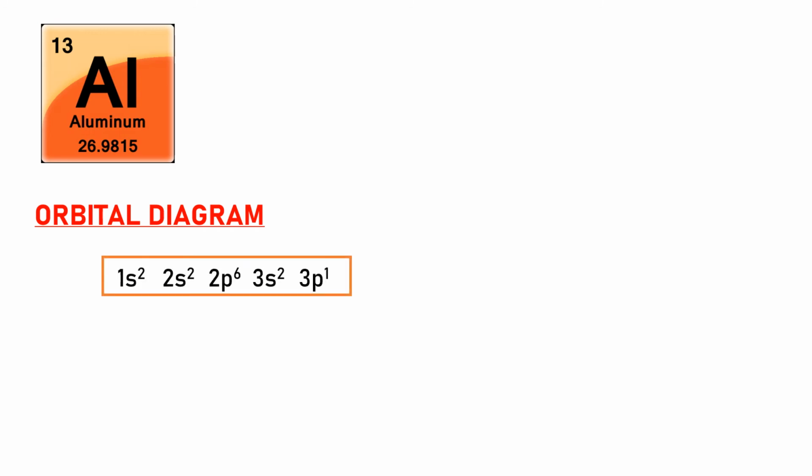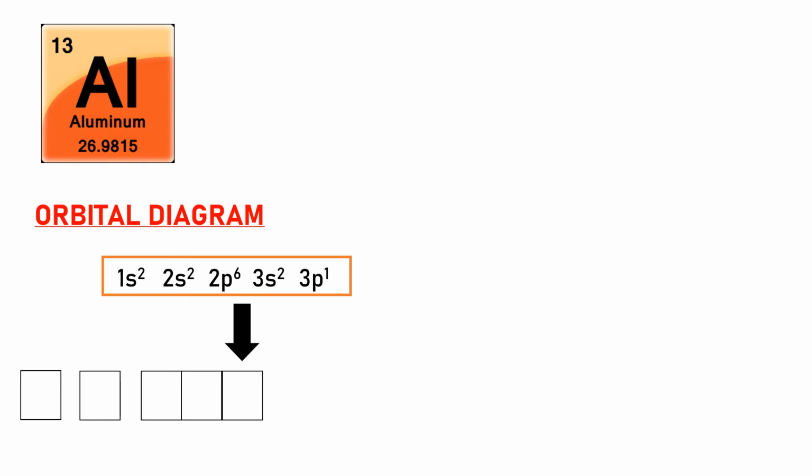Let us have another example for the element aluminum. Orbital diagram for aluminum using the electronic configuration 1s2, 2s2, 2p6, 3s2, 3p1. Using the orbitals, we have 1 box for 1s2, 1 box for 2s2, for 2p6 we have 3, for 3s2 we have 1, and for 3p1 we need 3 because it has the maximum of 6 electrons.